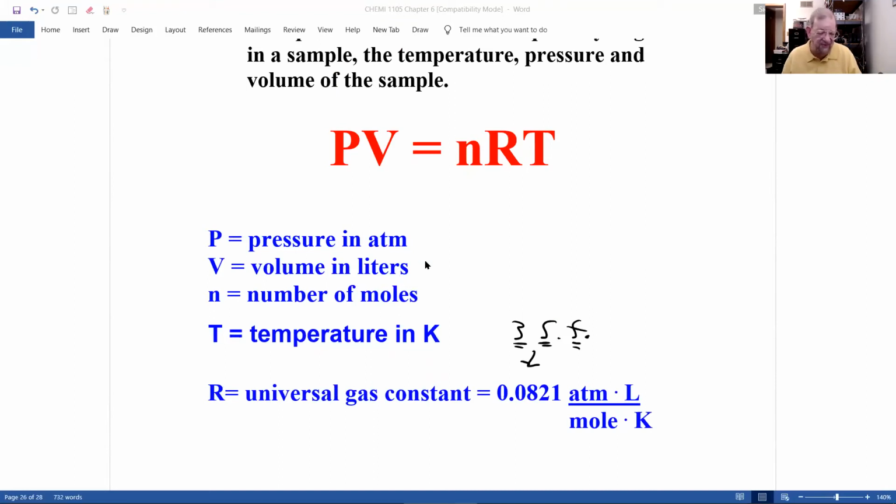But anyways, I can convert, but I didn't ask you to convert to atmospheres. However, n is moles. I've never seen a balance that measures moles, but I have seen many that measure grams. And temperature in Kelvin, but all the thermometers I've seen are in Celsius. And you've learned how to convert that.